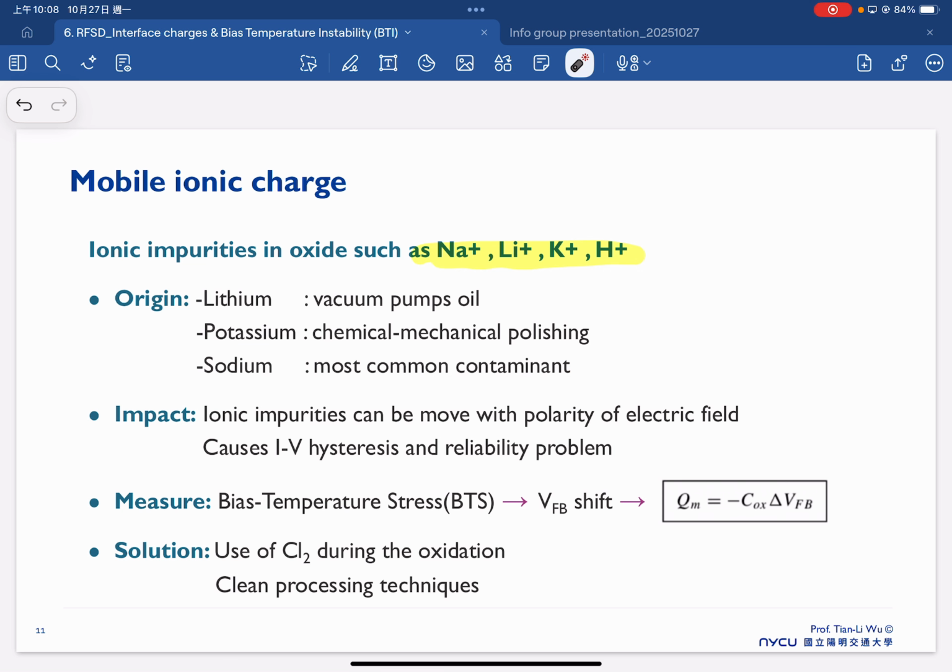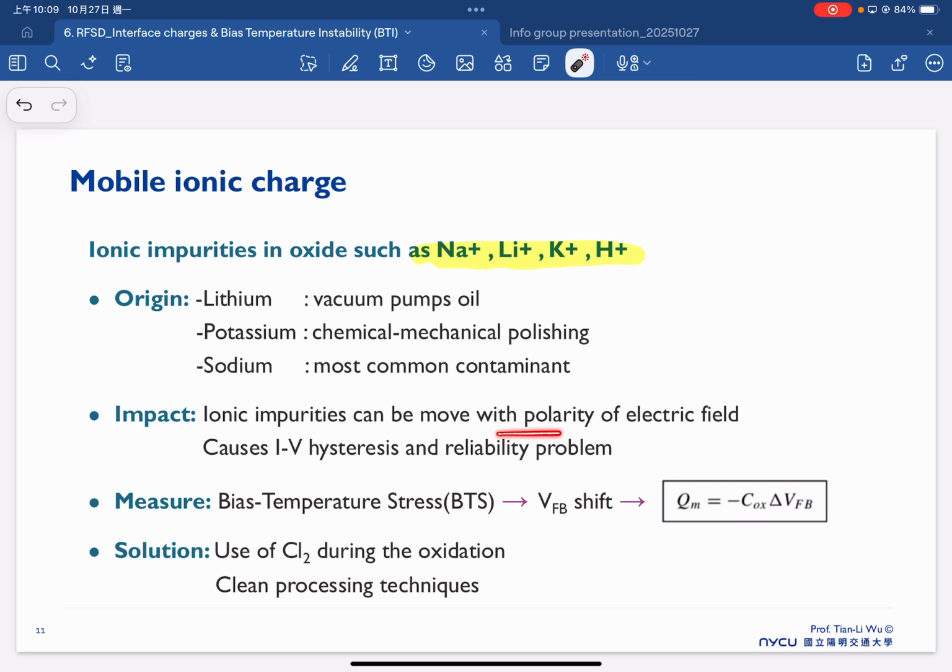It's difficult to conclude what the pure reason is, but as long as we have additional process, additional gas, that will always introduce additional mobile ions. The ionic impurity can be moved with the polarity of the electric field.